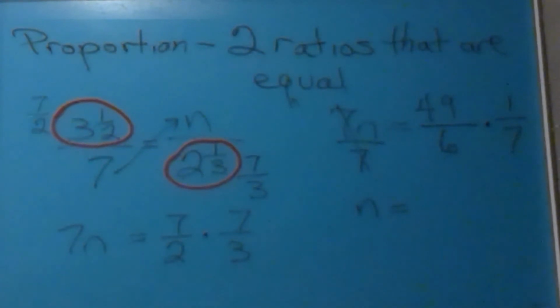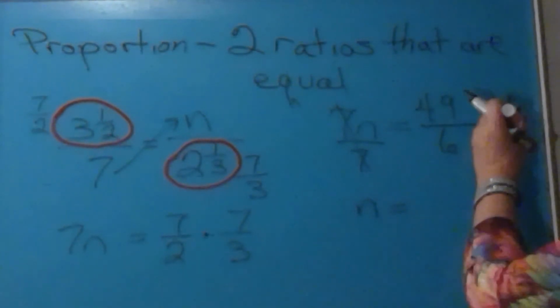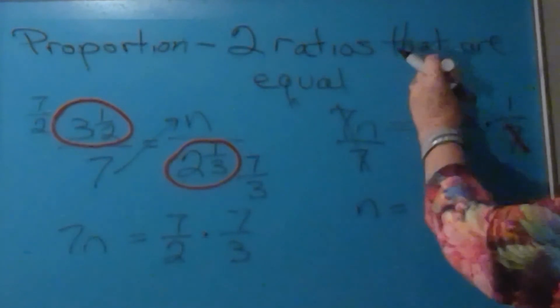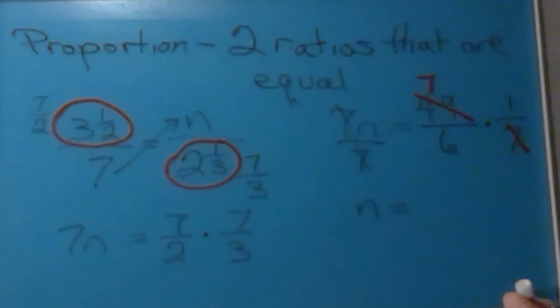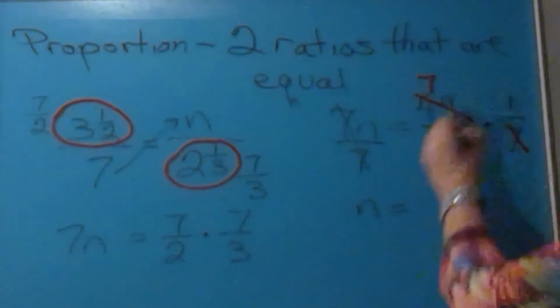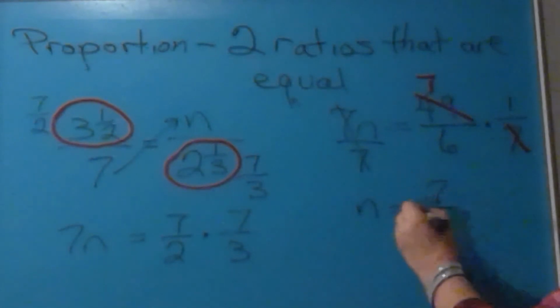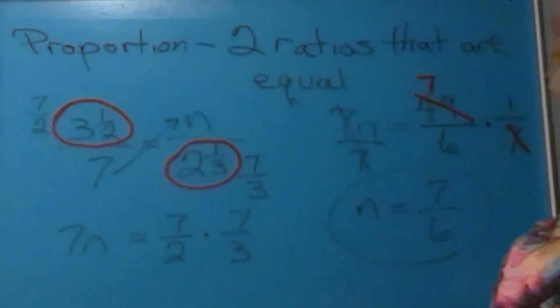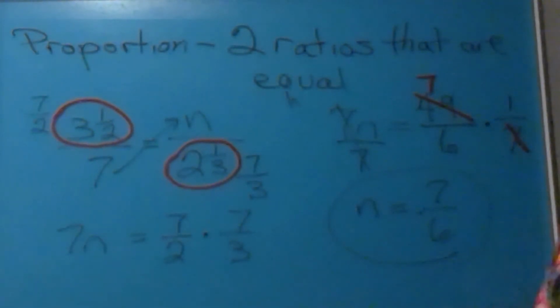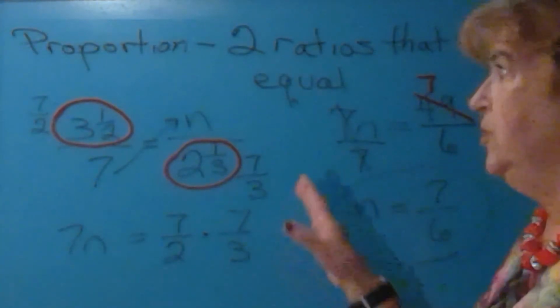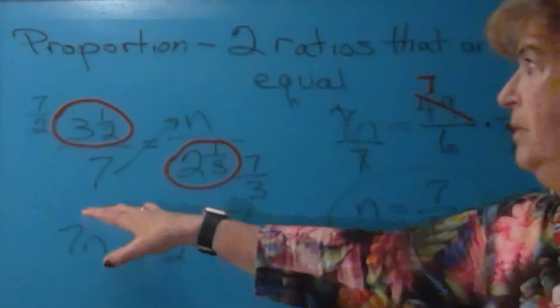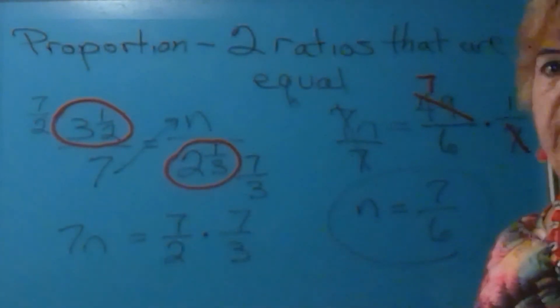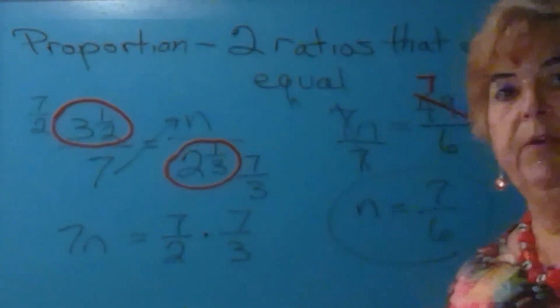And when I do that, I know that 7 goes into 49 7 times. I now have 7/6. And you can leave it as an improper fraction. That's an acceptable answer. So again, you can work with fractions, especially because we're multiplying here. You don't need a common denominator when you multiply.